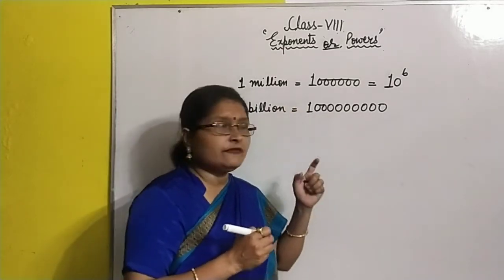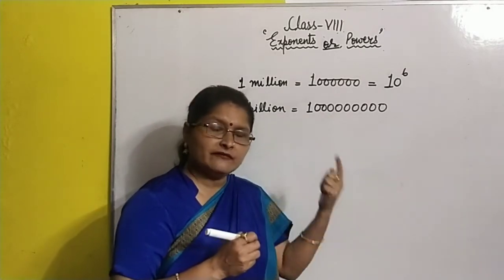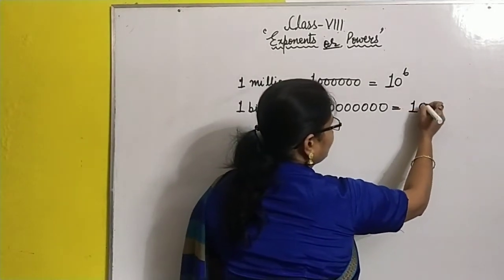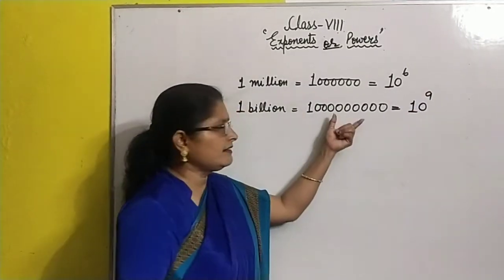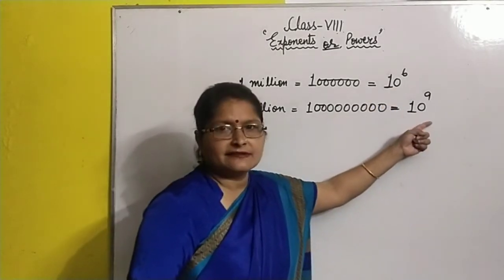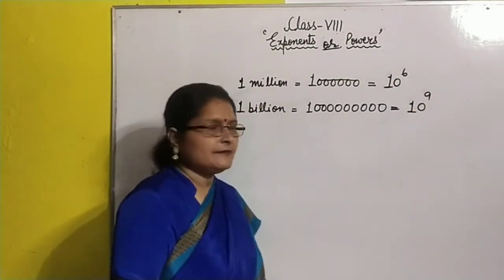But if we write it in the form of an exponent, it will be very easy to read. So I write 10 raised to the power 9, because here 9 zeros are there.